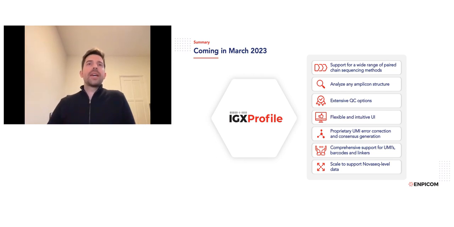So with that, I hope I could give you a first impression of our next generation clone annotation app called IGX Profile. IGX Profile is coming very soon, in about a month from now, and it will support all the different features that I've highlighted previously, such as a wide range of paired chain sequencing methods.